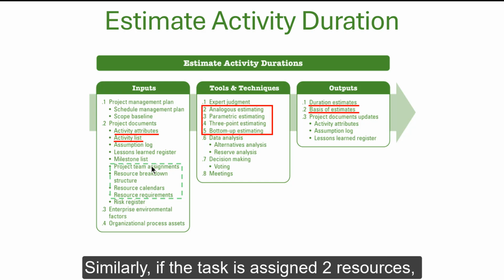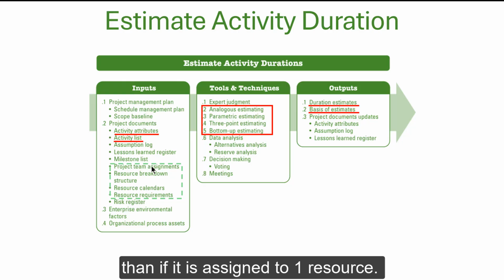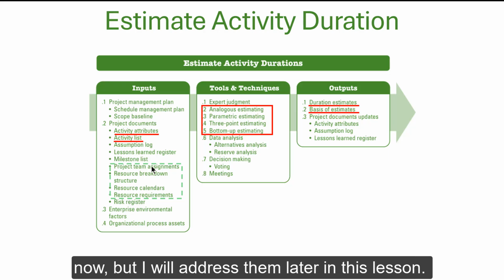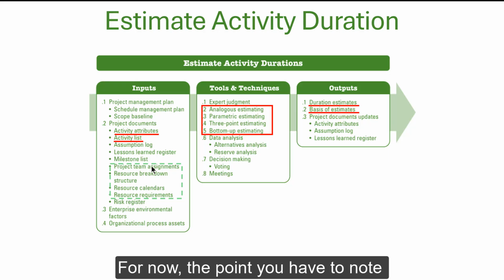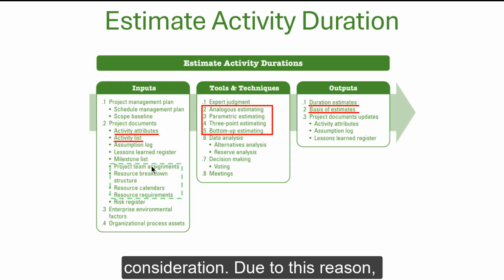Similarly, if a task is assigned to two resources, you might assume it will execute faster than if it is assigned to just one resource. I know a lot of questions will be popping up now, but I will address them later in this lesson. For now, the point you have to note is that estimations are done with resources in consideration.